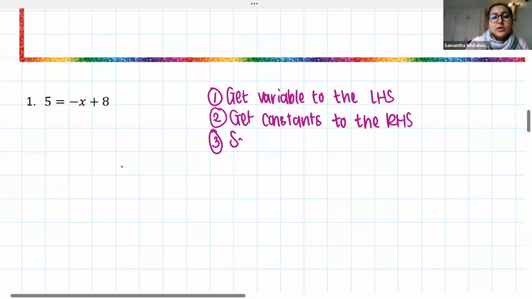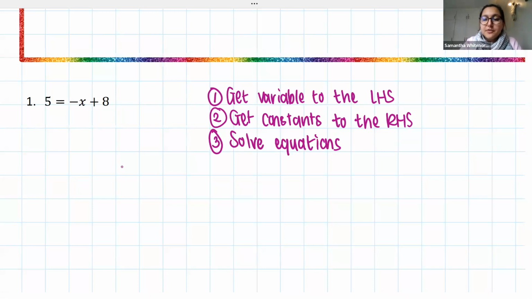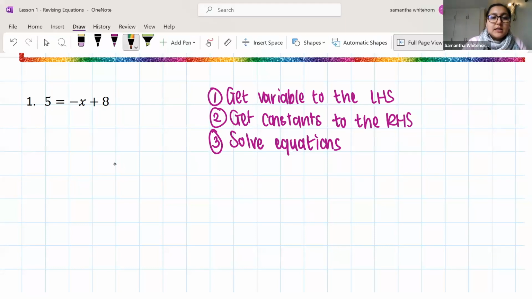And then we are going to solve our equation. If we do these 3 basic things, we should be able to solve our equation quite easily. Now, you don't have to get your variables to the left-hand side, and you don't have to get your constants to the right. But if we do these things, it's going to make it easier for us to solve this equation.